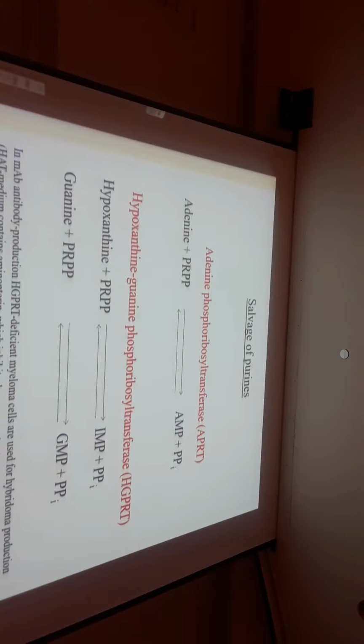And using this medium, which contains aminopterin, which is an antifolate that knocks out dihydrofolate reductase, makes these cells that are deficient in this enzyme mortal in a medium that doesn't allow them to do a de novo synthesis of purines.